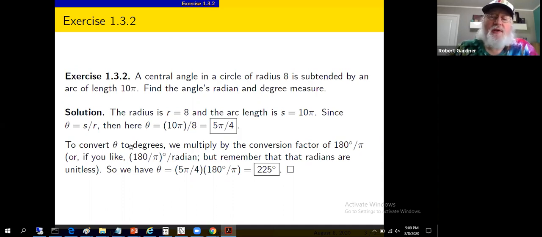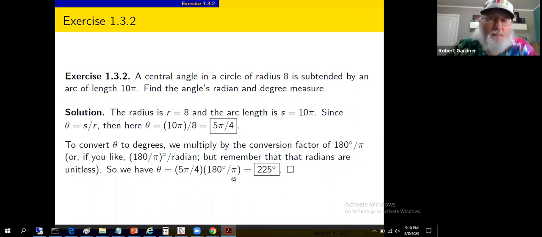They want us to convert it into degrees. Better use that degree symbol in this case. Okay, we had conversion factors, as we saw, 180 degrees over pi equals 1 radian. So we'll take theta, 5 pi over 4, times the conversion factor, 180 degrees divided by pi.